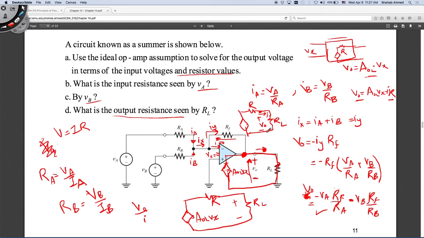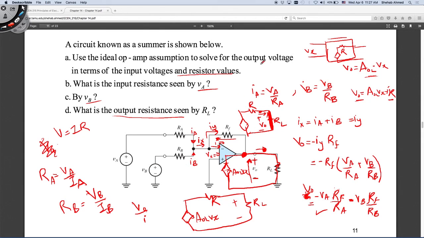Remember your short circuit current? V output over I is like putting a short circuit here and calculating any resistance in the path. So V output over I, if I have a resistance here, would be equal to this resistance.